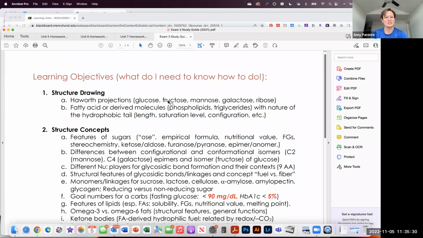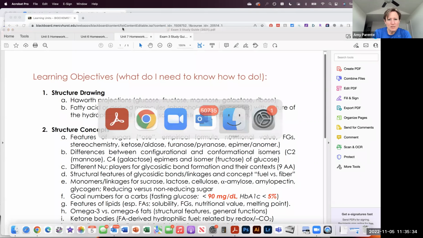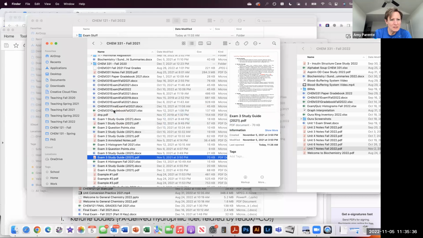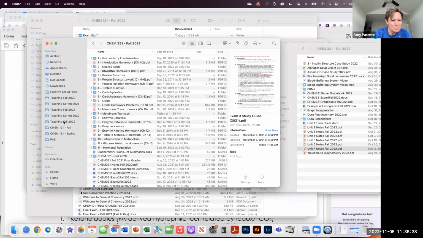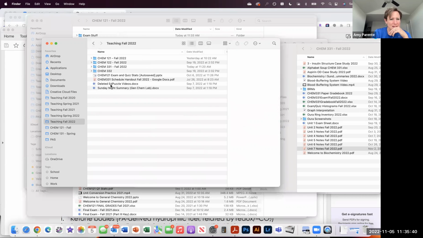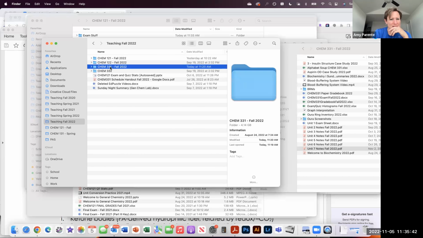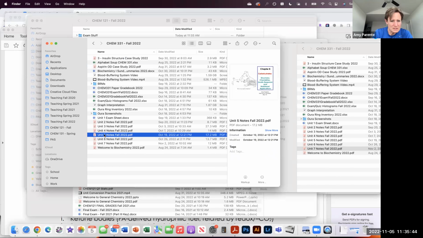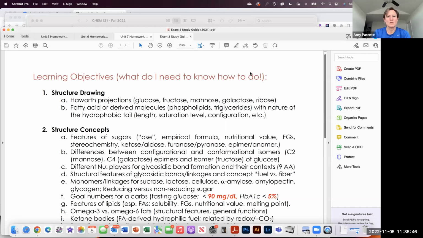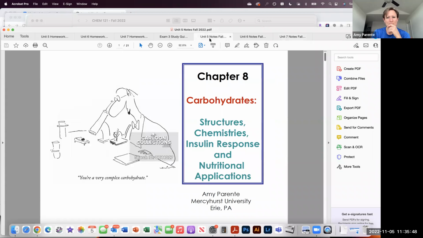Go back and look at the notes. Actually, I will open these up. I meant to open up these annotated notes as well, so I can flip to them.